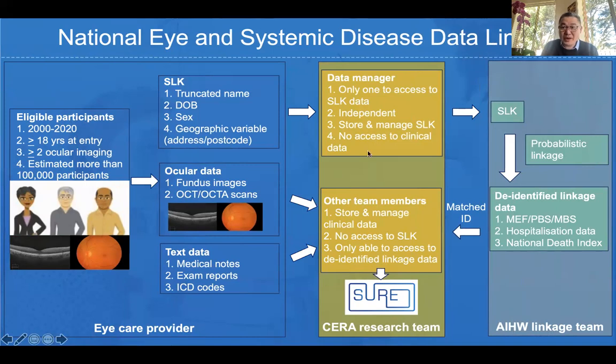We worked with the Australian Institute of Health and Welfare, AIHW, to link this big group of patients with MBS Medicare data and hospitalization data, so that we understand, for this large group of people with ocular imaging data available, how many of them died in the previous 10 years, and how many developed a cardiovascular event, for example. We call this the data linkage project.